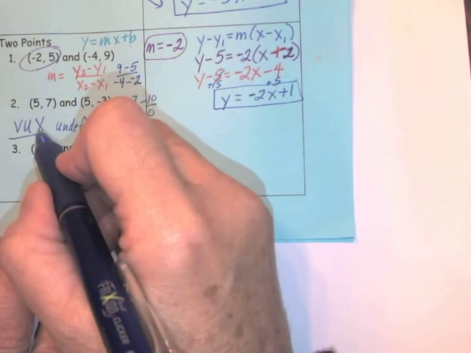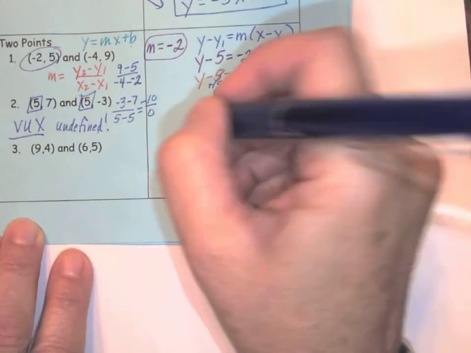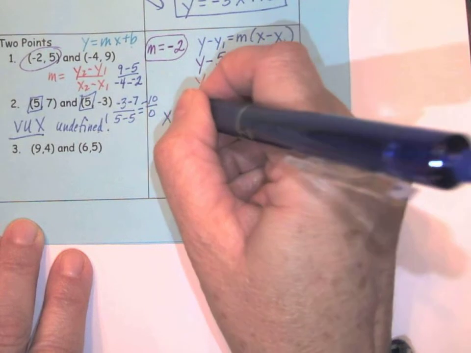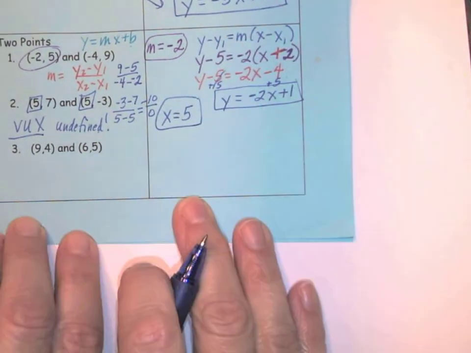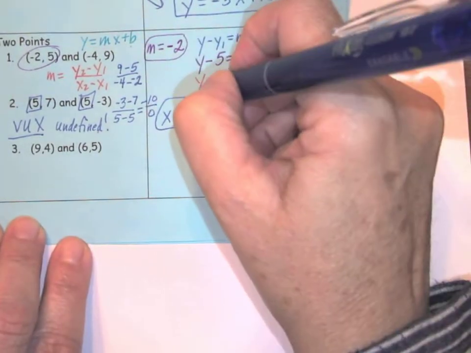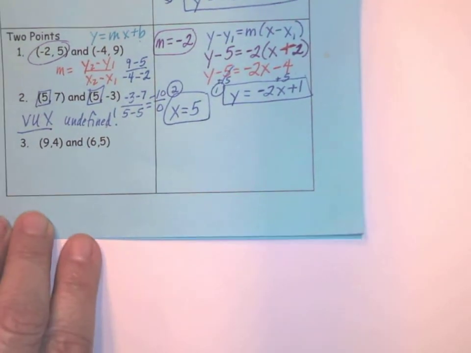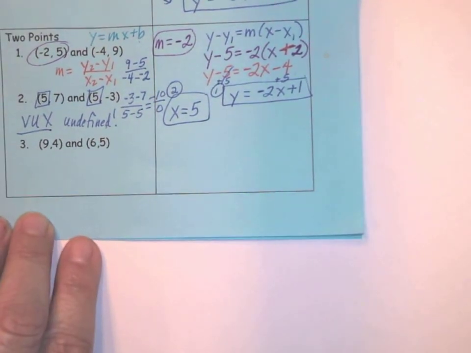That means we have only an X. Do you notice how these X's are the same? That means we have a vertical line, X equals 5. Wow, that one was easy, wasn't it? Yes. Here's number 1, here's number 2. Number 2 is going to be a vertical line, X equals 5. Boom, I'm done.